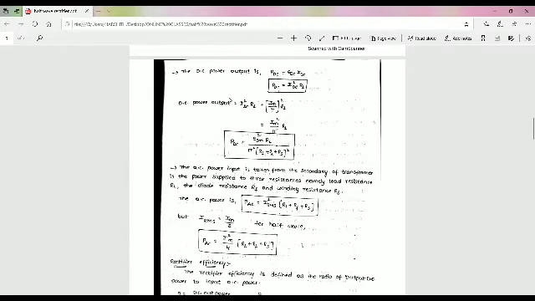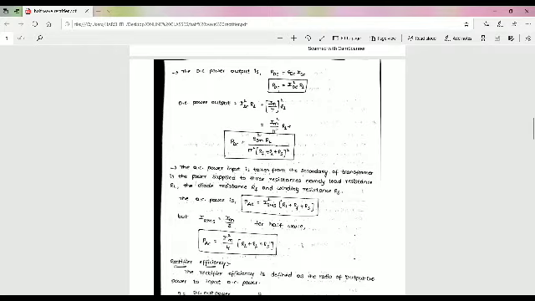IDC, the average DC load current, is equal to Im by pi. So Im by pi whole square into RL, that is equal to I square m by pi square into RL.